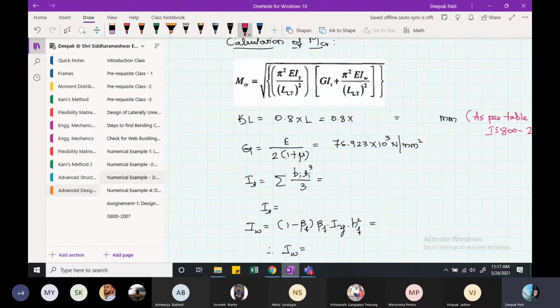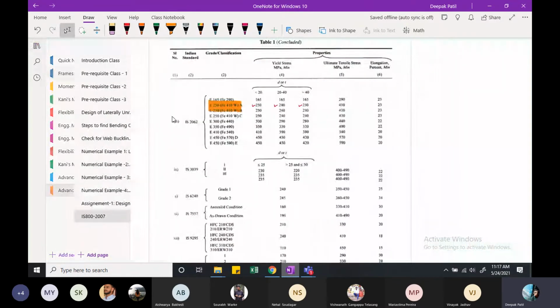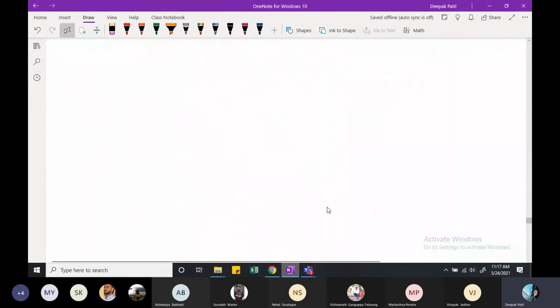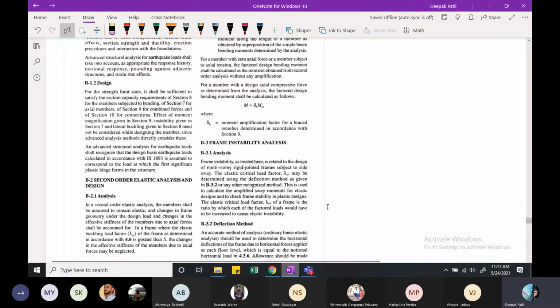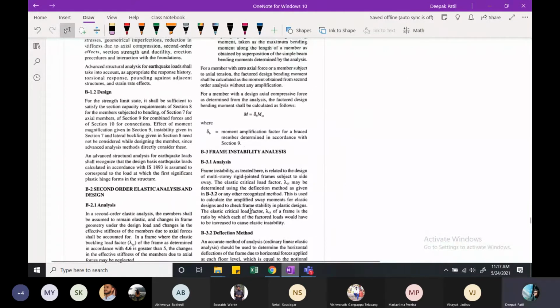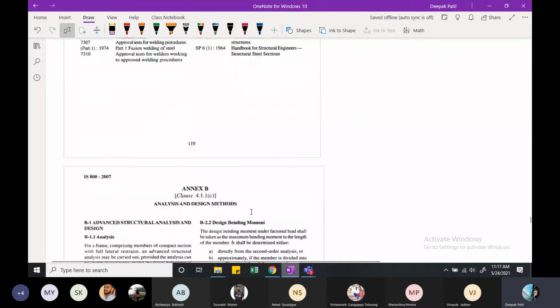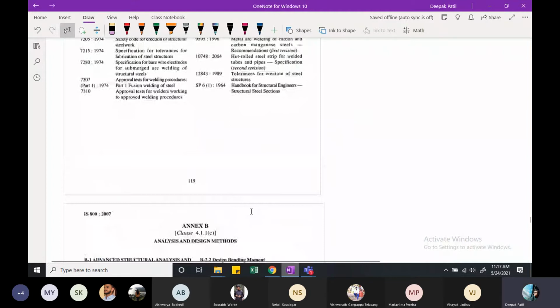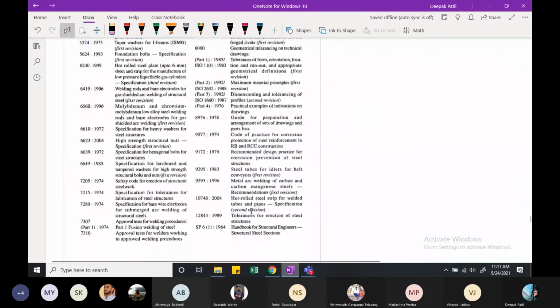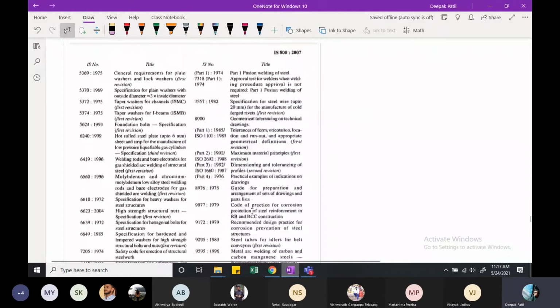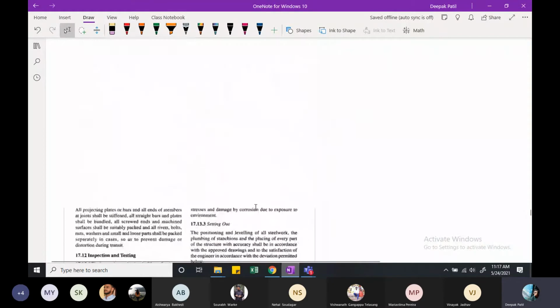Now from where this 0.8 times L has come into picture, you have to actually refer the IS 800-2007, where the effective length of cantilever beams is given for a particular criteria.